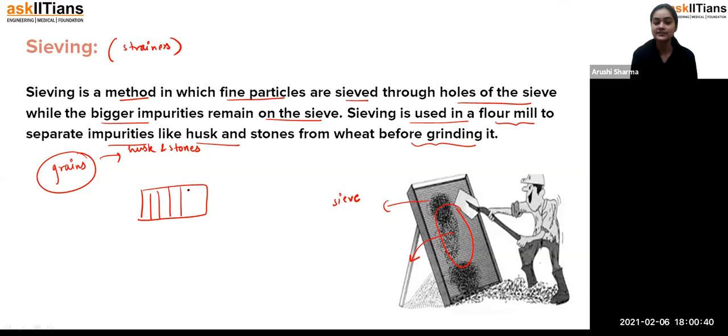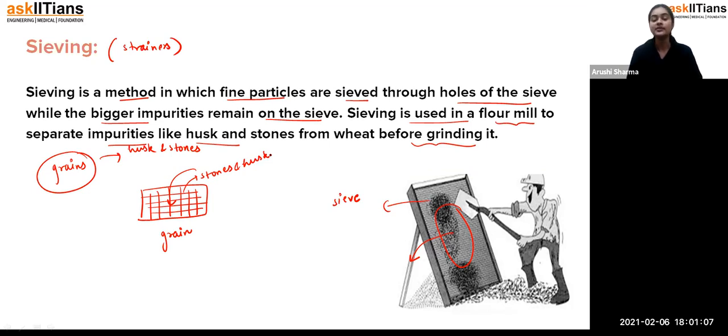It has some holes. I have drawn some bigger holes, but they have very small holes. When you pour the grain over it, the grain passes through, but the stones and the husk remain over it. That's how you can separate them out before grinding the wheat. So that's the technique, students, which we use with the help of the strainer or the sieve.